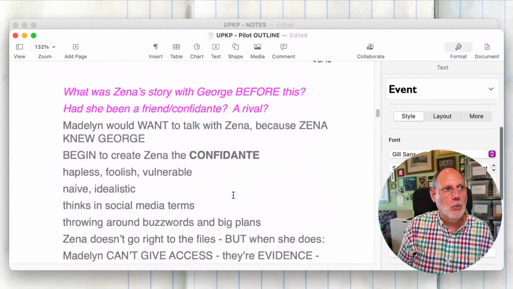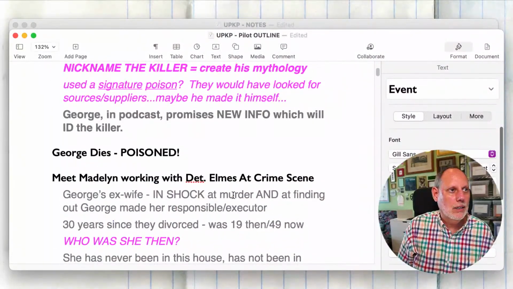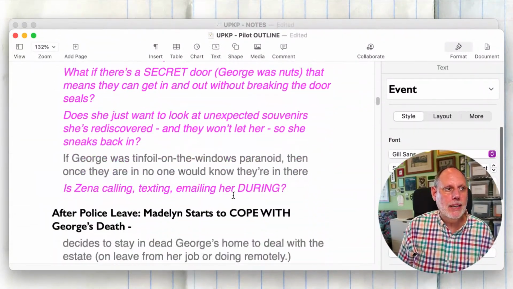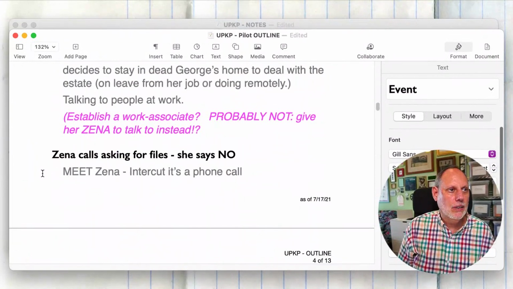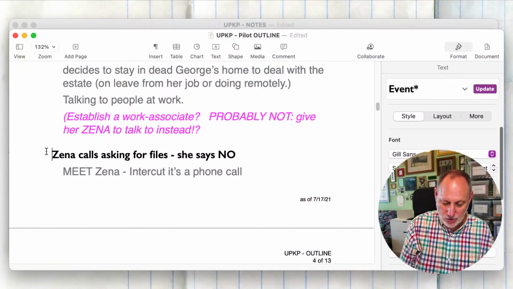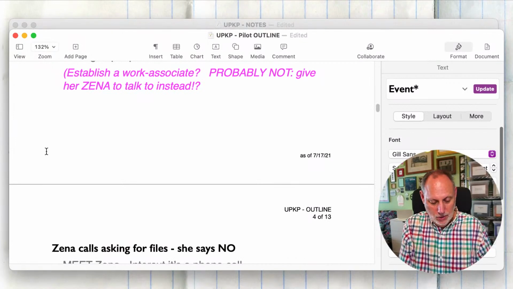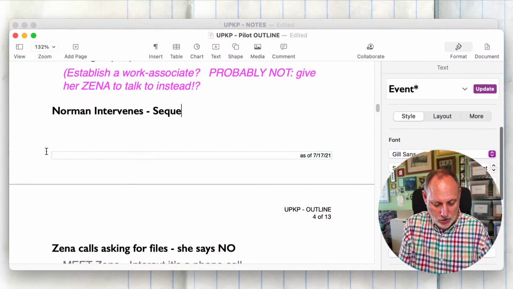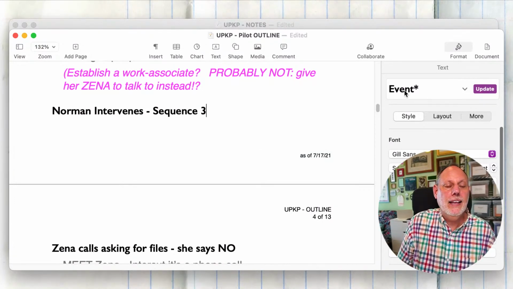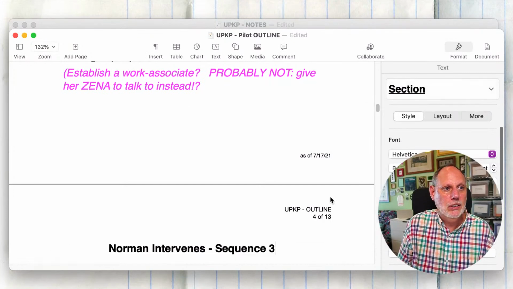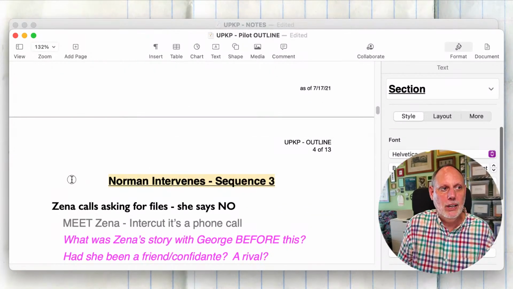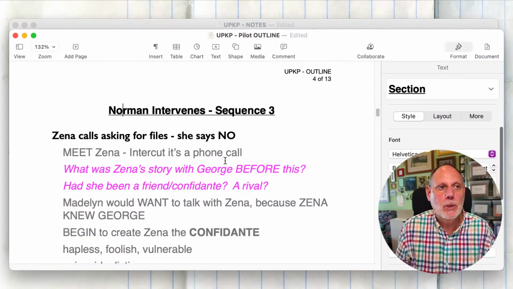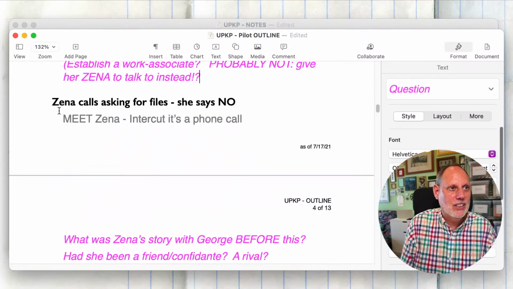Like, if you wanted to, you could take one of those and copy it and lay it in here as, Norman intervenes, sequence 3, or whatever it is. And I have a name for that. I call it a section, and it's sort of like an act break. So you can do that. I don't know if I'll do it. I probably won't, but I wanted to show you that it is a thing you can do.